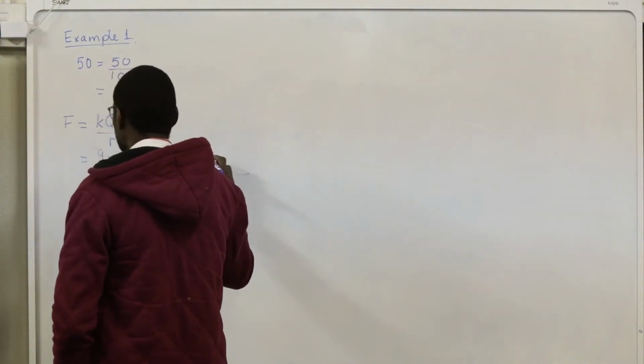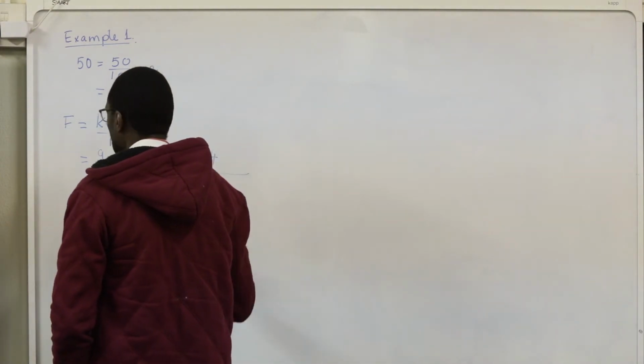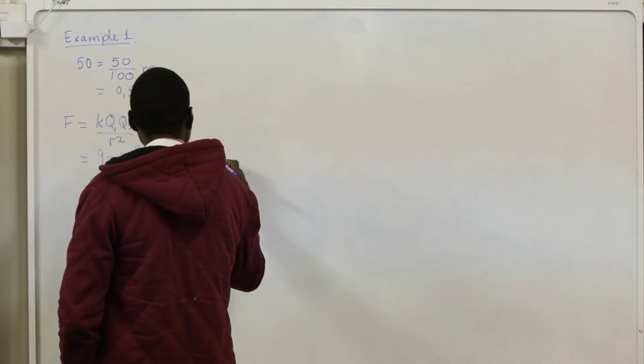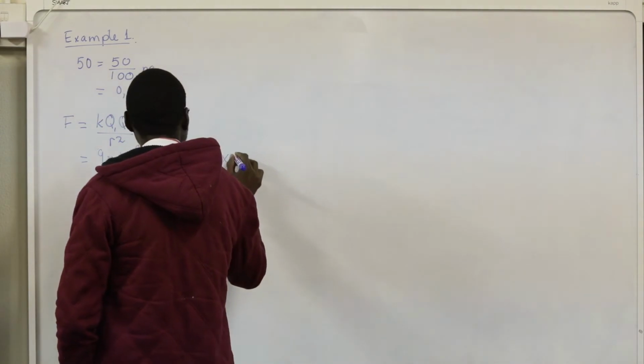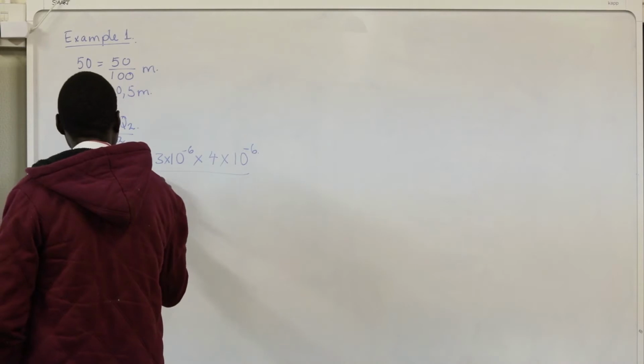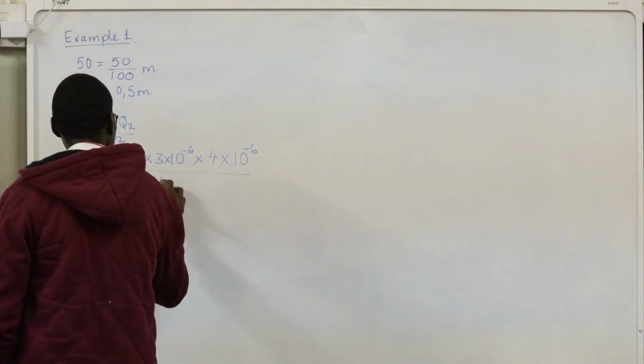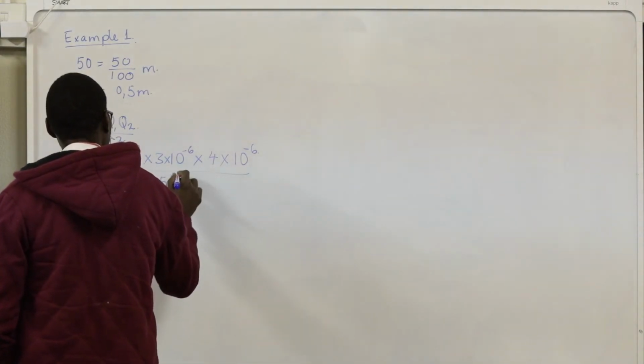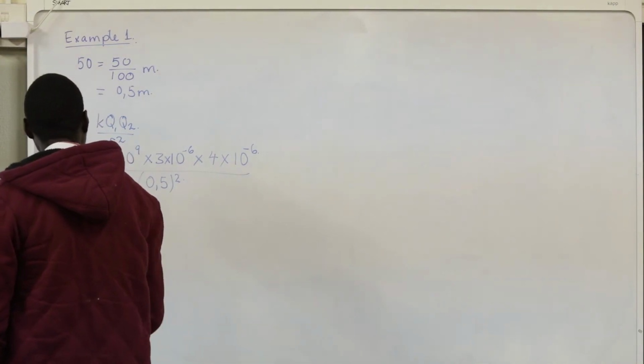So we use the positive values only in our substitution so that we do not subtract, okay? 10 to the power negative 6 divided by the distance between them, which is 0.5 to the power of 2.